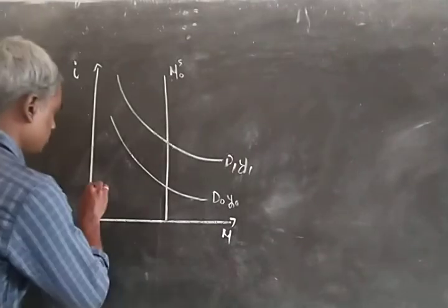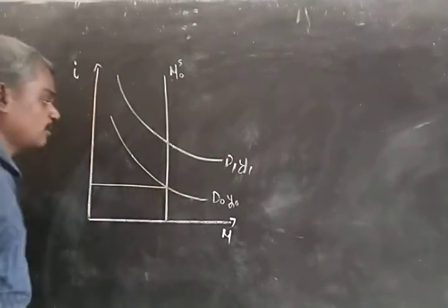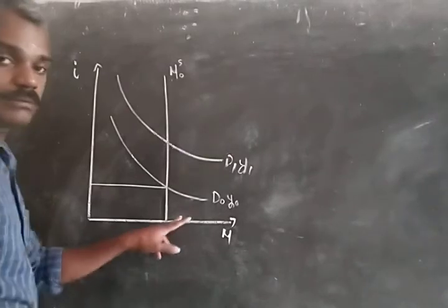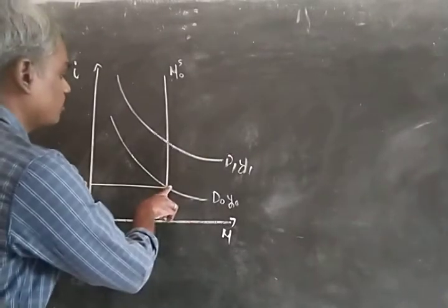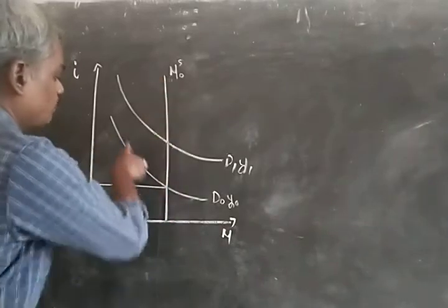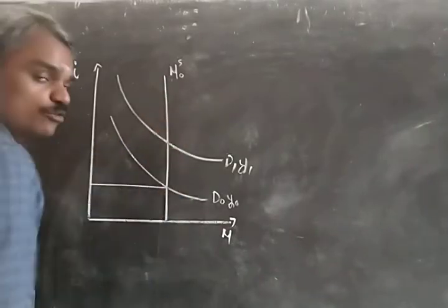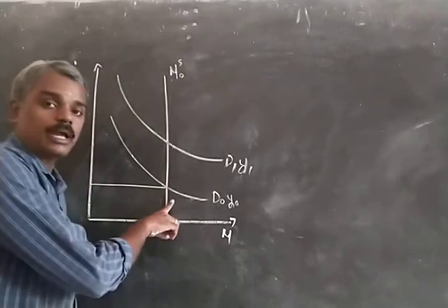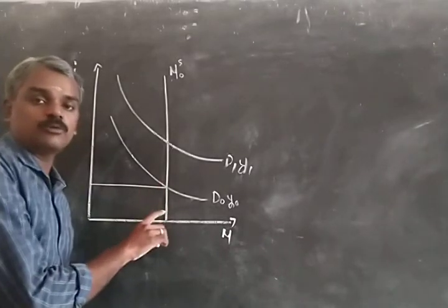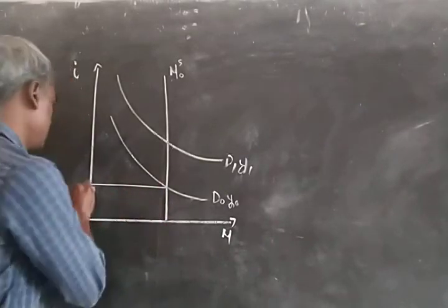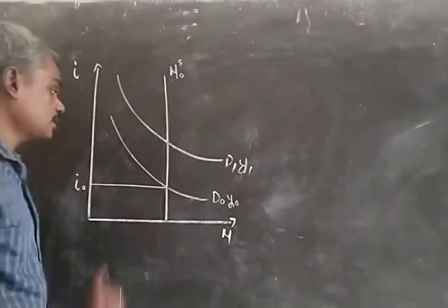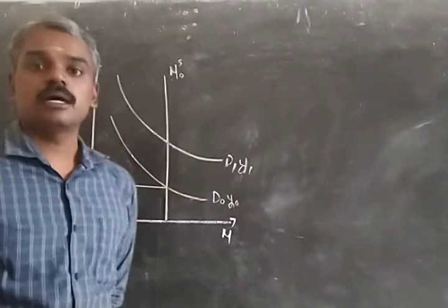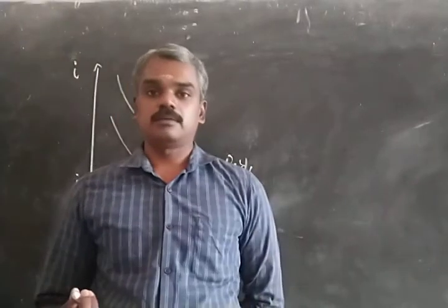At the Y0 level of income, this is the point where demand for money is equal to supply of money. For this equality, we need a rate of interest I0. Now the income level has increased and demand for money has increased.